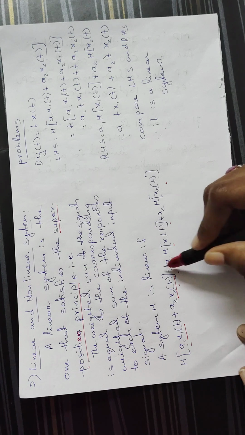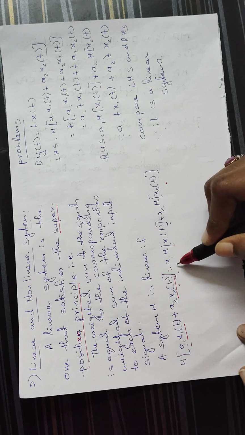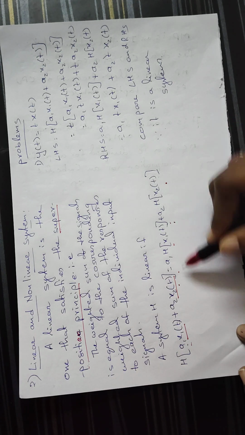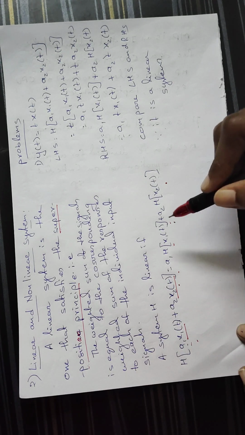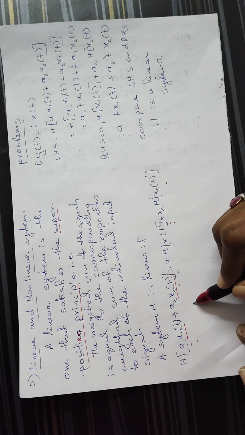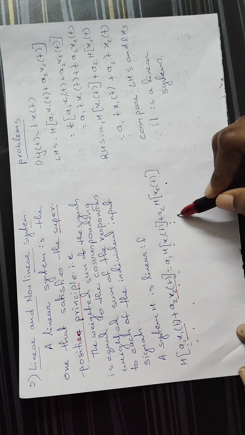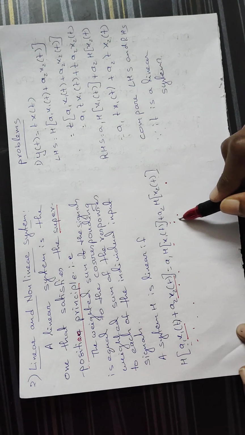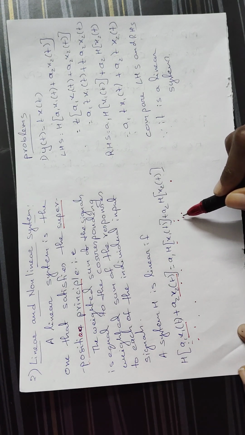The response to the total weighted sum of the inputs equals the weighted sum of the individual responses. If LHS is equal to RHS, then it is a linear system. If LHS is not equal to RHS, then it is not a linear system.